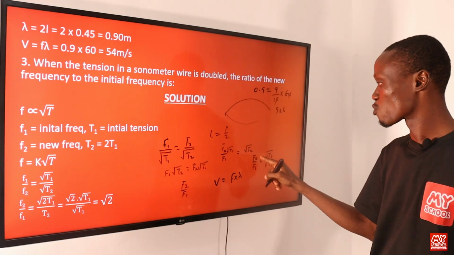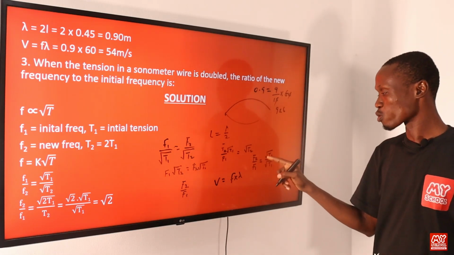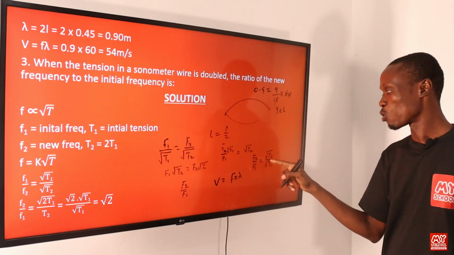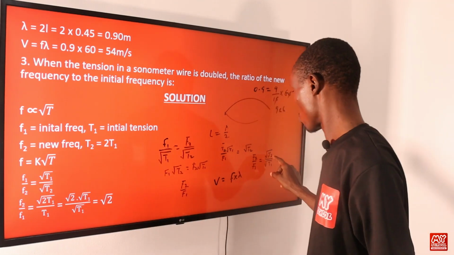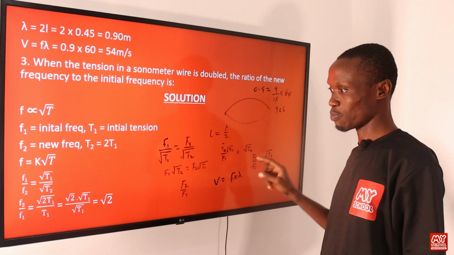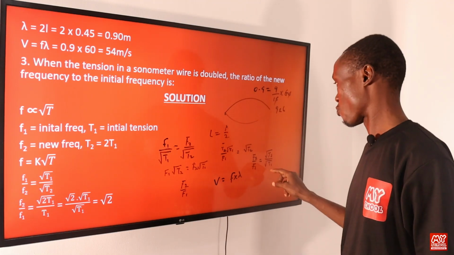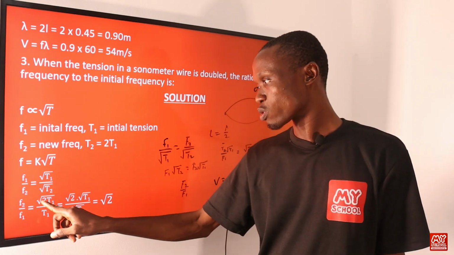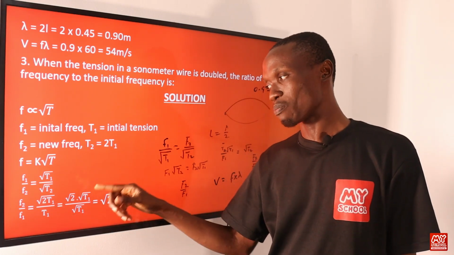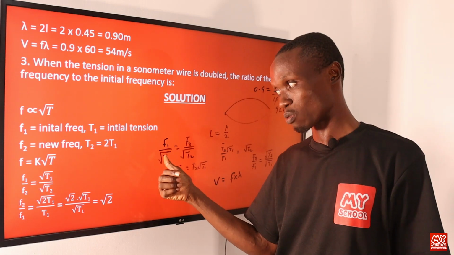So we'll be having F2 all over F1 to be equals to root T2 all over root T1. In place of T2, which is from here, we'll replace it with 2 times T1, of course, all over root T1, right? Then this root 2T1, we can actually break it down according to the law of surds, right?